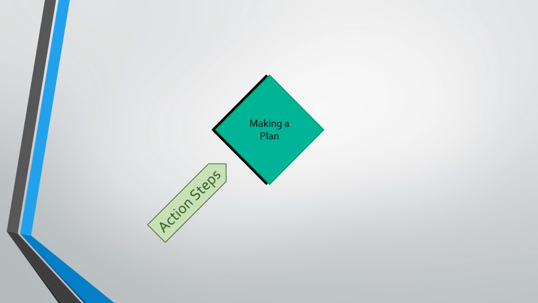Now, as we mentioned in the beginning of this mini lecture, just having the map isn't enough to get us started. There's more to planning a trip than simply plotting a route on a map. We've got the map, now we need the full plan. The heart and soul of making a plan is action steps, clearly defined and measurable tasks that move you step by step toward your solution.